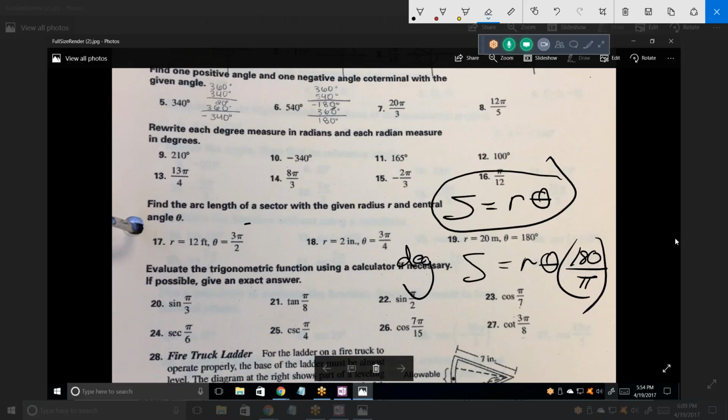Now, the third one's a little different. What's different about the third one? It's in degrees. So which formula are we going to use? The bottom one. Okay, tell me what to write. What's S going to be equal to? 20, and then theta. What's theta?